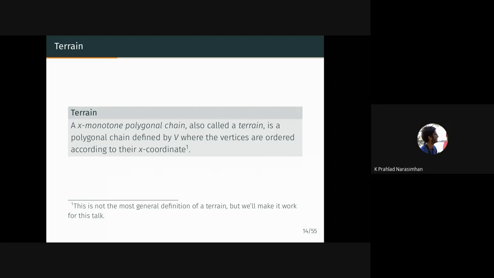That is, the y coordinate of Vi minus 1 must be less than the y coordinate of Vi, which is less than the y coordinate of Vi plus 1, or the y coordinate of Vi minus 1 is greater than the y coordinate of Vi, which is greater than the y coordinate of Vi plus 1. This was exactly the definition I didn't want to give, but since you asked for it, does that answer your question?